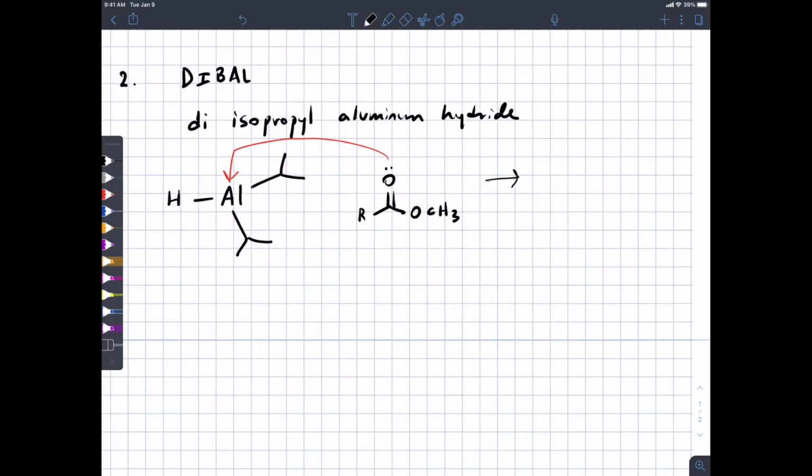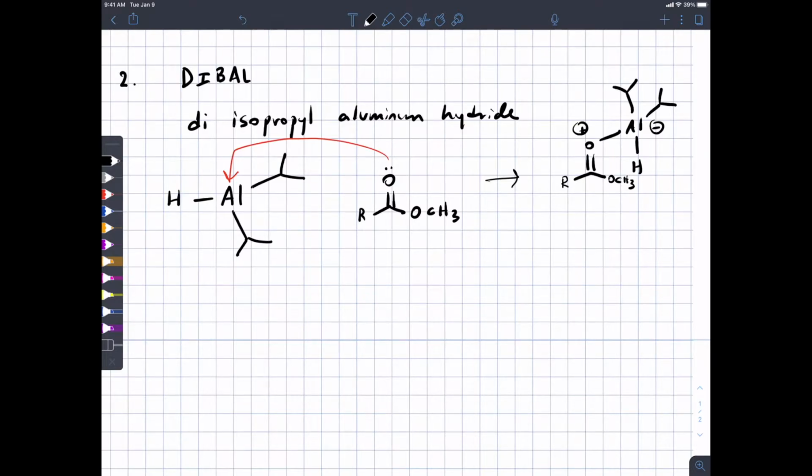And so once we do that, that converts what was previously neutral aluminum to now a more reactive hydride delivery reagent.